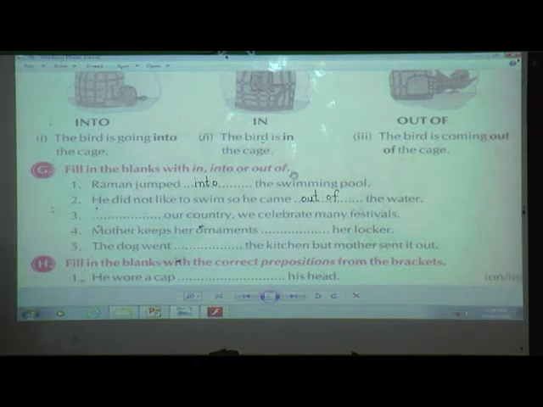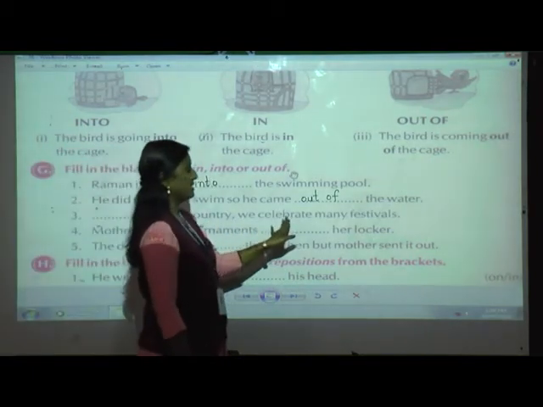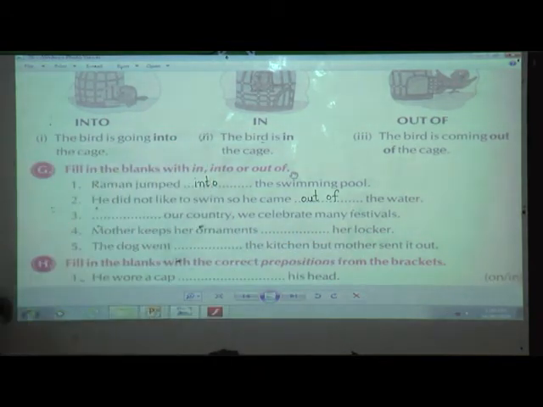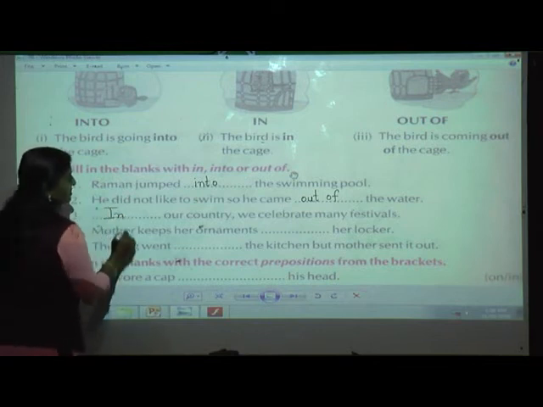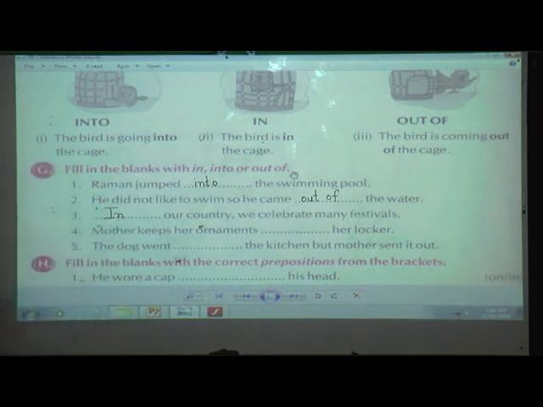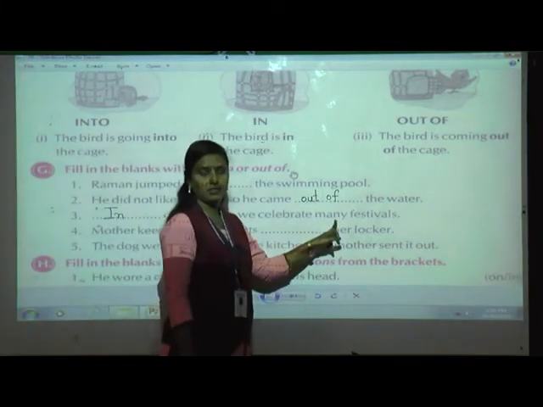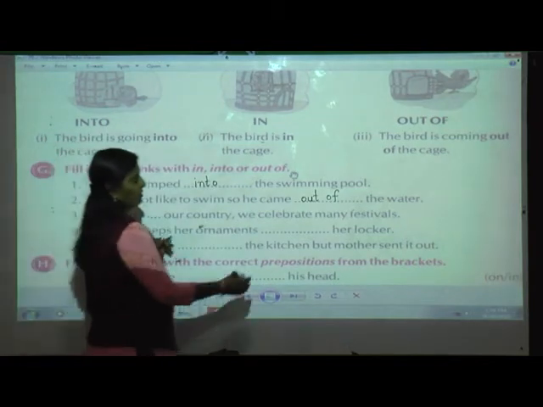Done? How have I used the prepositions into and out of? Okay. Third, dash our country, we celebrate many festivals. So which word will come, students? Exactly, in. So, in our country, we celebrate many festivals. Now, mother keeps her ornaments dash her locker. Where will she keep her ornaments? In the locker.